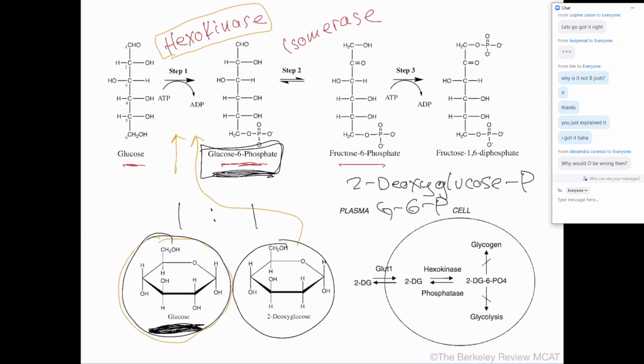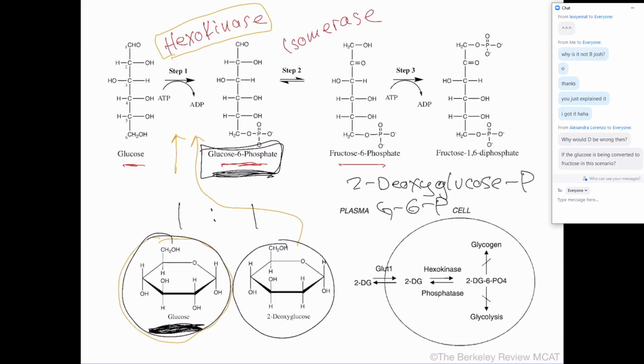And why would D be wrong then? Because is the fructose 6-phosphate concentration going to increase? Is the glucose being converted to fructose in this scenario? Yes, the glucose 6-phosphate is going to be converted to fructose in this scenario. Correct. But 2-DG is not going to be converted into fructose in this scenario. 2-DG gets stuck, as you can see down here.